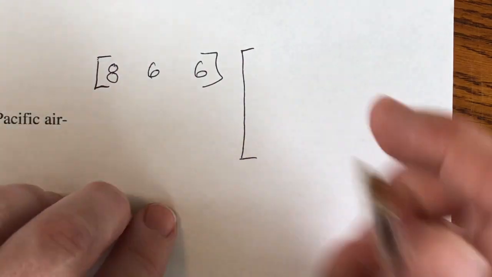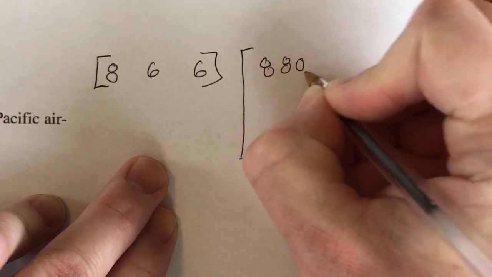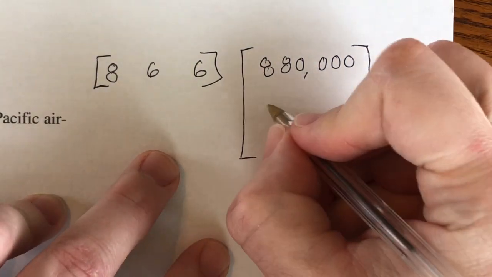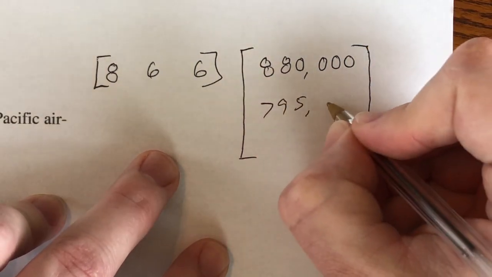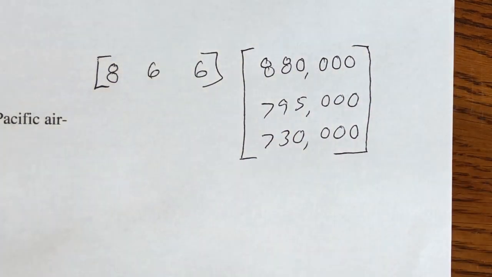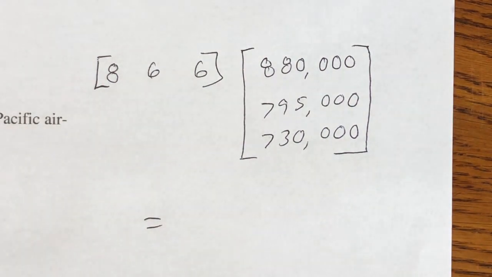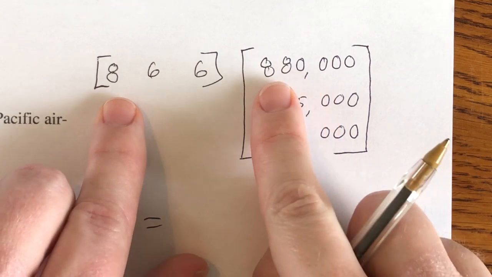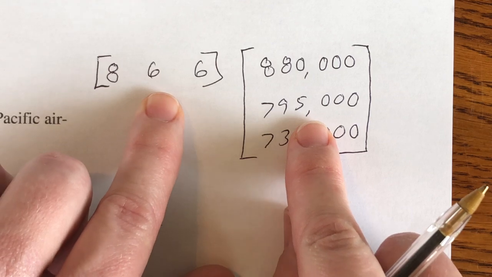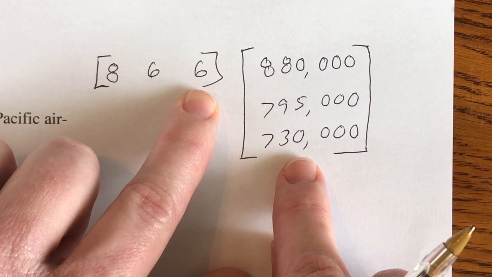All right, so let's rewrite matrix AB, and that would be this. And then this. All right, so all we got to do now is multiply this thing together. So what you're doing here is 8 times 880,000 plus 6 times 795,000 plus 6 times 730,000.